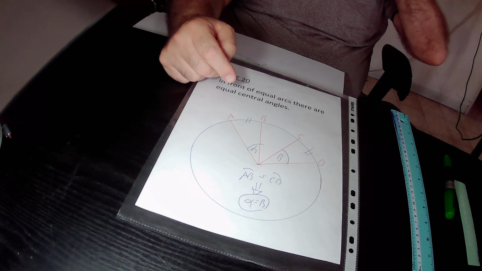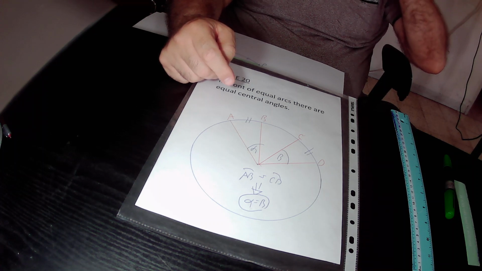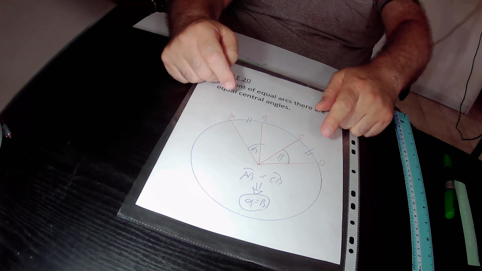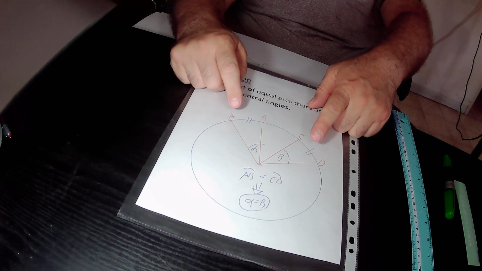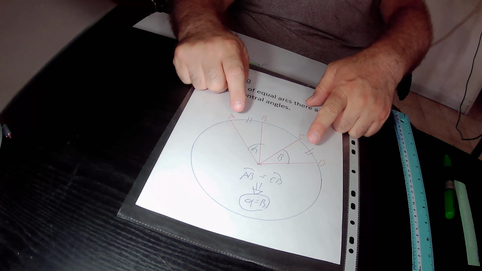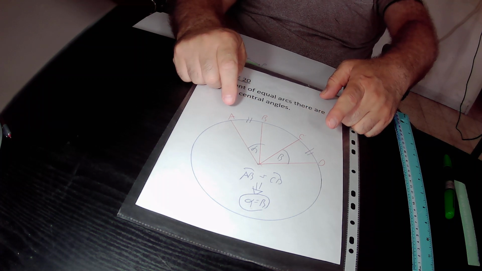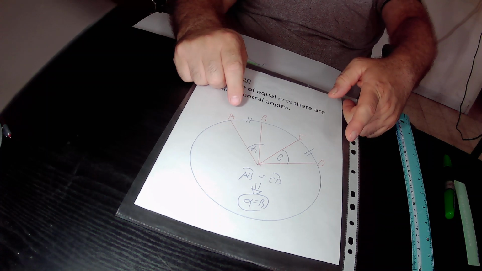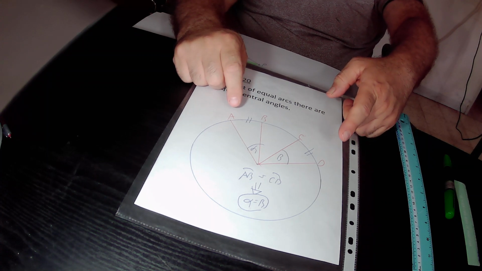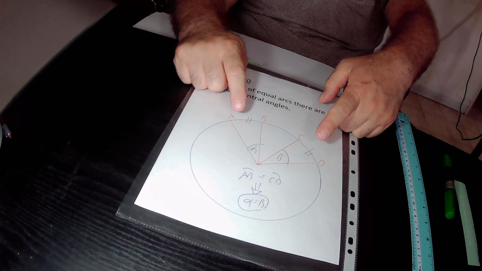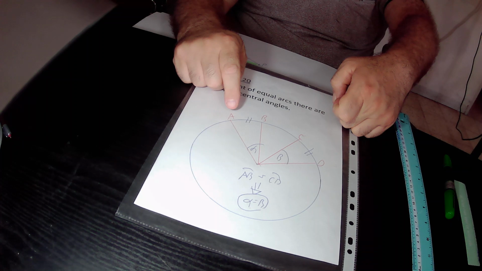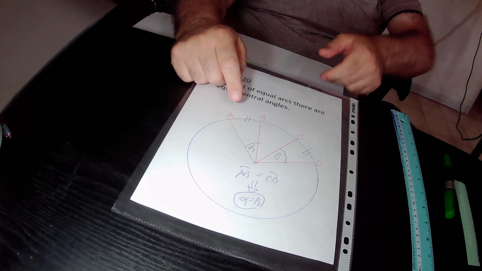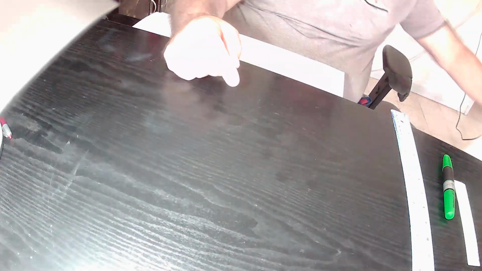According to rule 20, center angles alpha and beta must also be equal to each other because they are located in front of the equal arcs AB and CD. So we can actually implement rule 20 in our drawing.